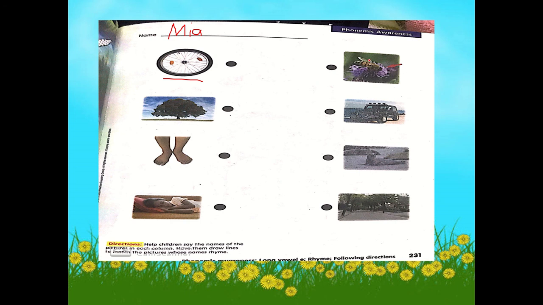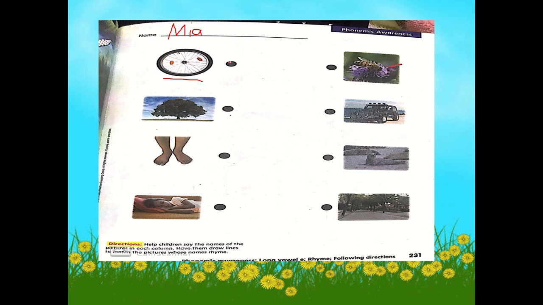What object rhymes with wheel? Take note, the word wheel ends with the L sound. And when we say rhyming words, these are the words that have the same ending sound. So the word wheel ends with the L sound. So wheel rhymes with B, jeep, seal, street.